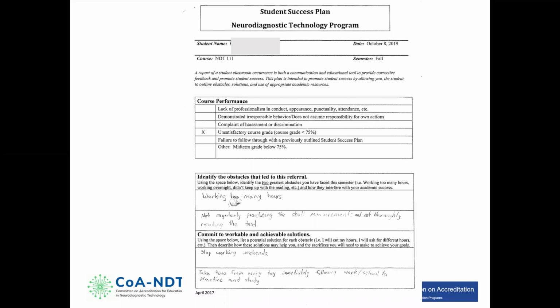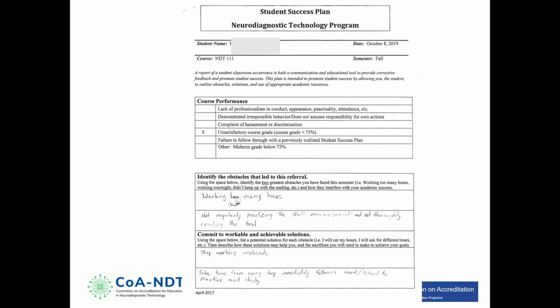So here's an example of our success plan. You'll see from this document, it's a couple pages long, and it's much more detailed than the communication record because we have student participation in this. So it's a communication and educational tool. It's providing corrective feedback and promoting success.